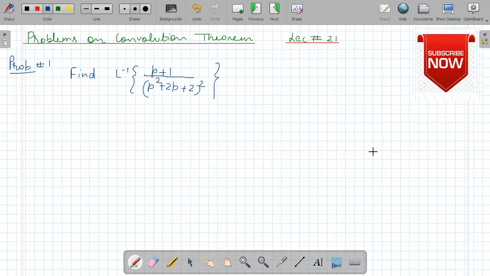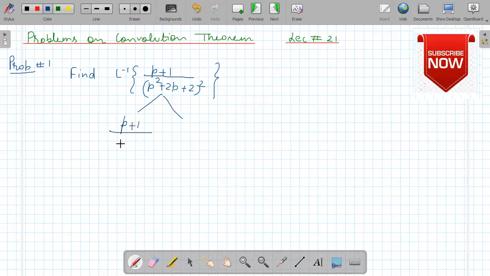My first problem is: find the Laplace inverse of (p plus 1) divided by (p square plus 2p plus 2) whole square. So first of all, we have to identify two functions Fp and Gp. I can split this into two parts.